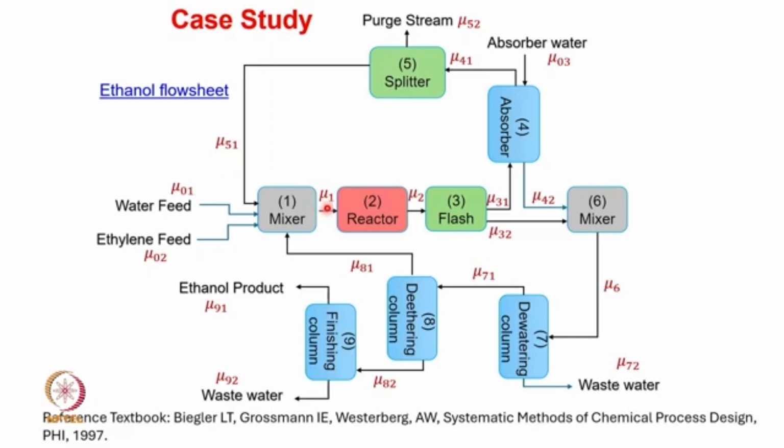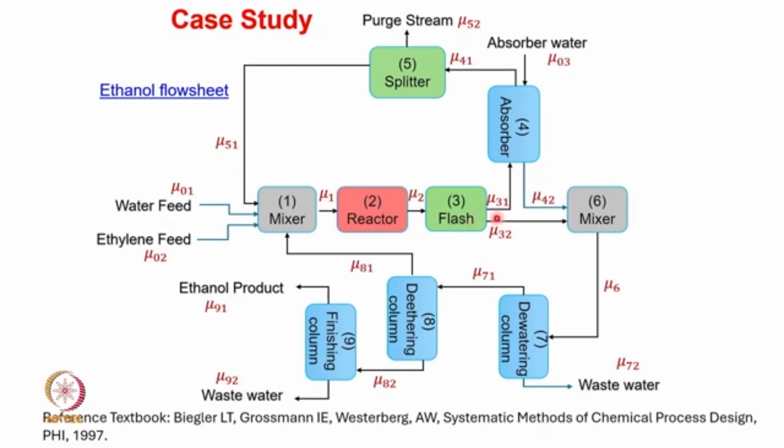This molar flow rate of mu 1 is then charged to the reactor, and in the reactor, due to different reactions, we get a different molar flow rate, let's say mu 2. The reaction mixture coming out from the reactor is then charged to the flash unit, where the temperature is reduced to cooling water temperature, and the liquid and vapor streams are separated.